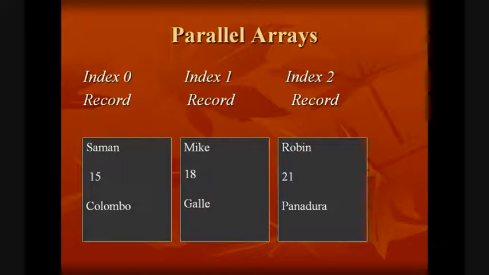Here name Simon was stored at index 0 of the name array, age 15 at index 0 of the age array, and city Colombo in the city array, and all of this group together forms the record of a person called Simon, and all his information was stored in the similar indexes of all arrays. I hope the concept of parallel arrays is clear to you now. Our discussion of parallel arrays ends here.